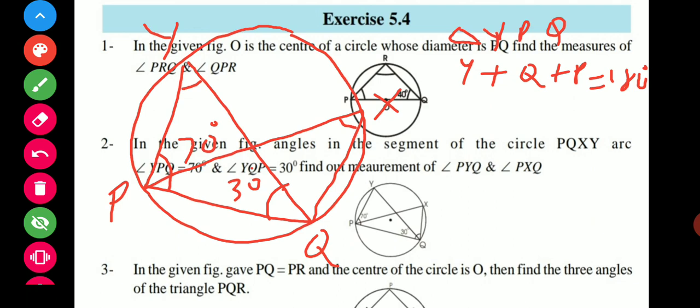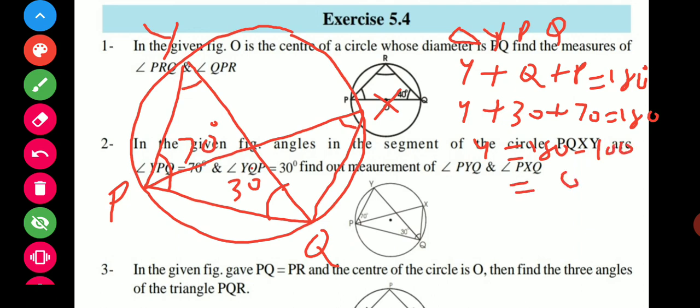As you know, we have to find this Y, plus Q is 30 degree and plus 70 degree is equal to 180 degree. So that means Y is equal to 180 minus 100. So it becomes 80 degree. So this angle is 80 degree.